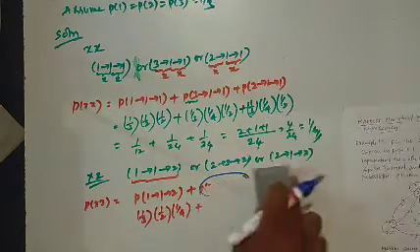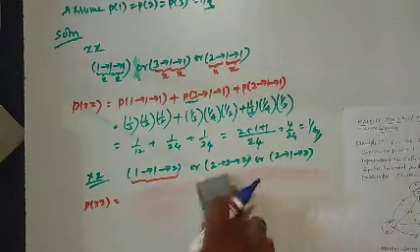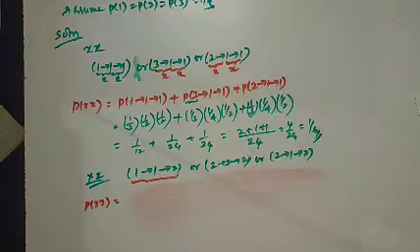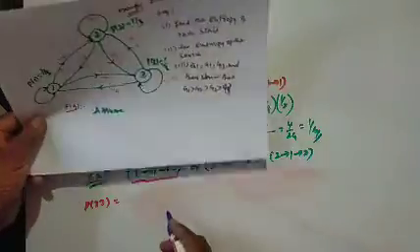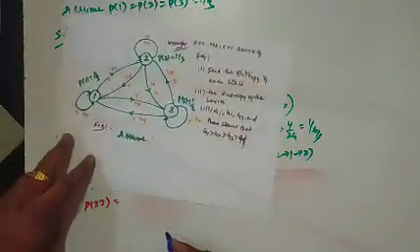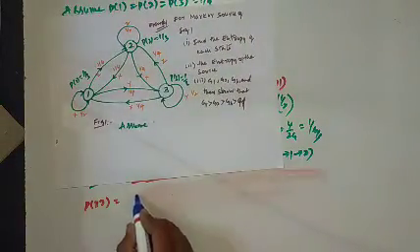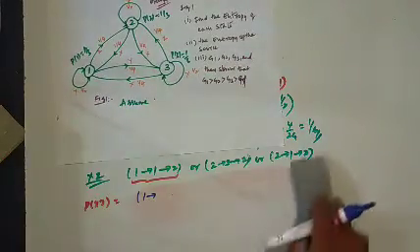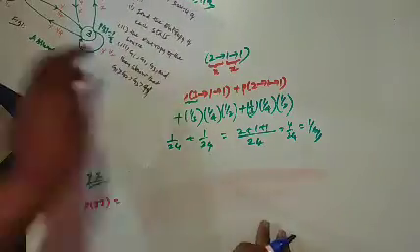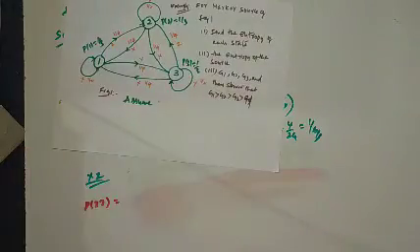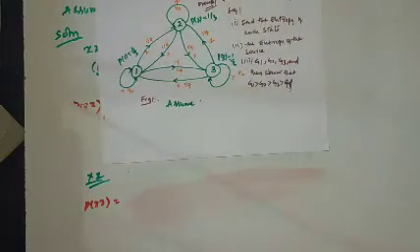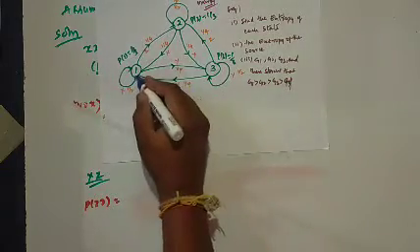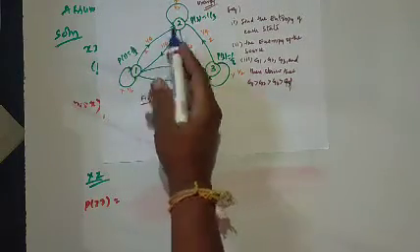Okay, I rewrite this one. For XZ, see that one path is 1 to 1 and then to 2.